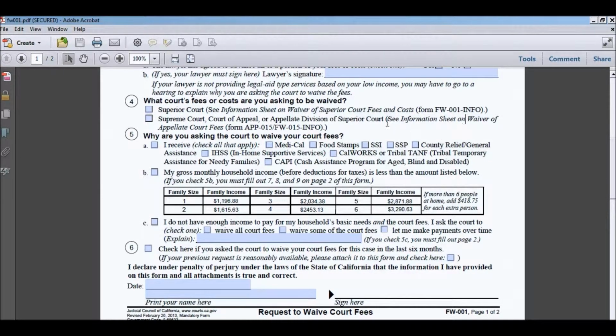So to go over these, it's Medi-Cal, food stamps, SSI, county relief / general assistance, in-home support services, CalWorks. Just pick whichever one of these forms of assistance you actually receive. So if you happen to get one of these, then it's automatic. You'll get your fee waiver, no questions asked.